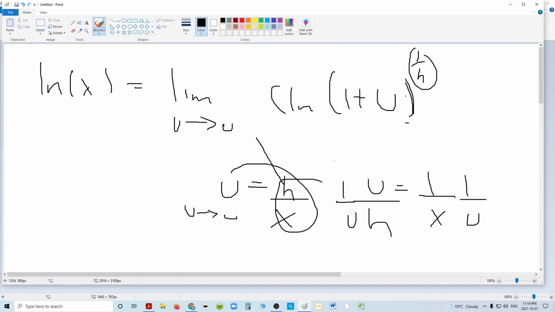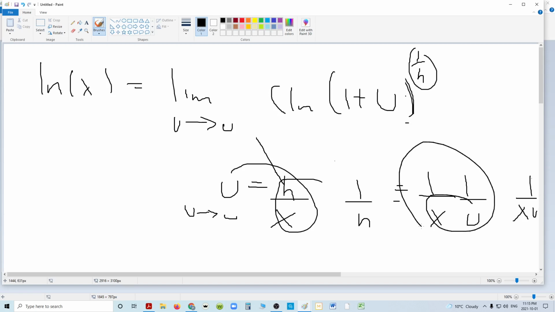Great. It's going to cancel here, and I'm left with 1 over h is equal to 1 over x times 1 over u, which could also be rewritten as this. But actually, keep in mind this separation for a second. So that means this 1 over h is replaced with 1 over x times u.